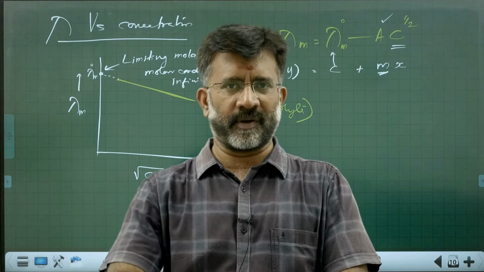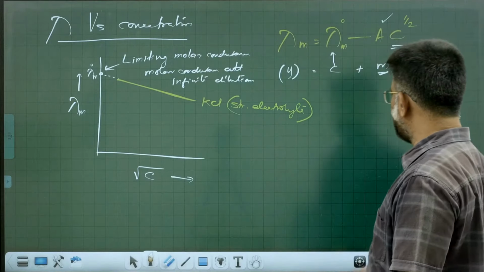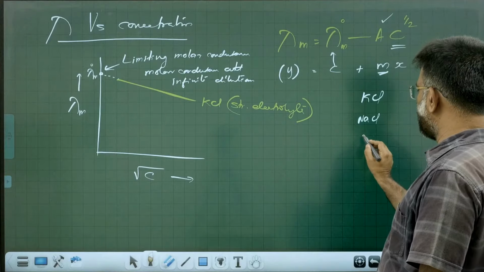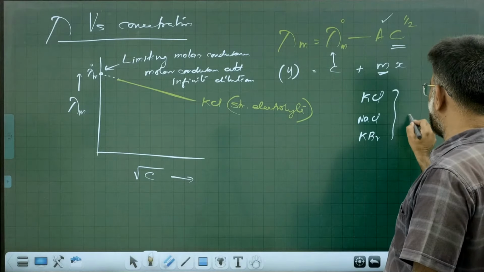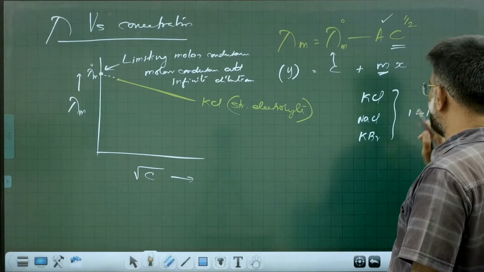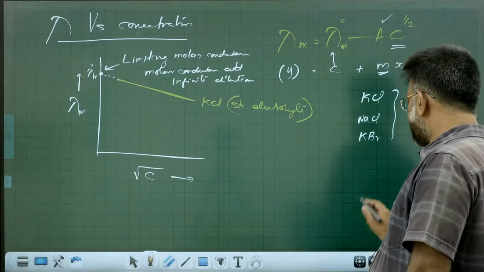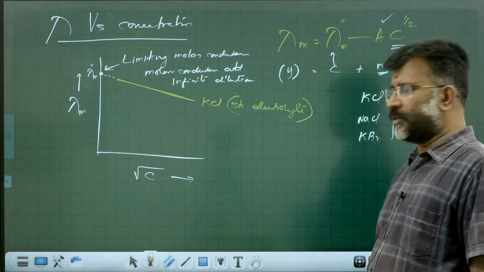What is meant by nature of electrolyte? If you take KCl, NaCl, KBr, they are all 1,1 type electrolytes, and the A value will be fixed.